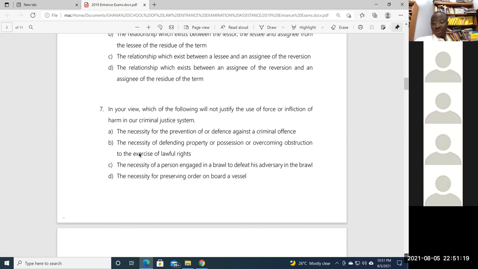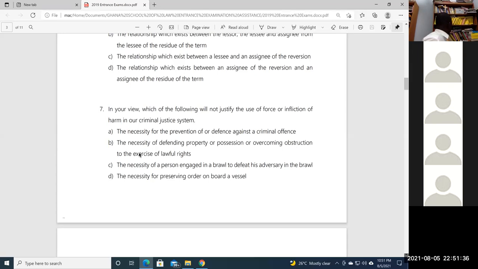If you get something like this, your mind must go to the Constitution and also to Act 29, the Criminal Offences Act.